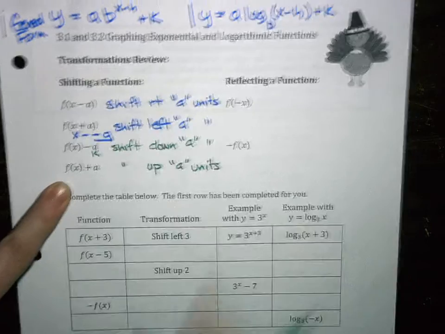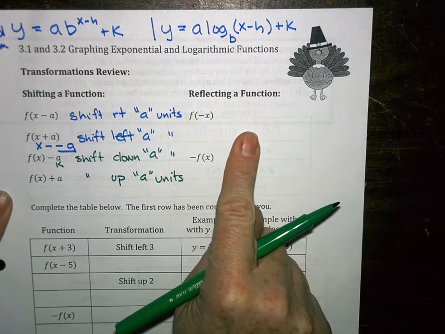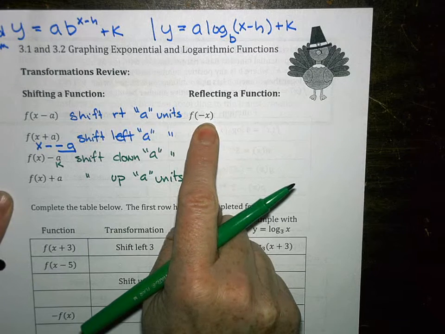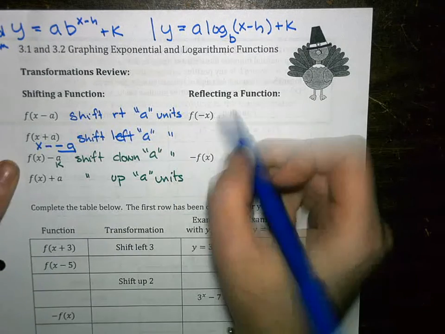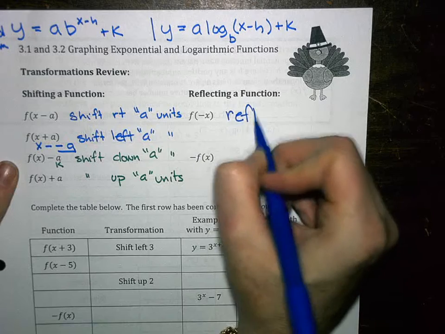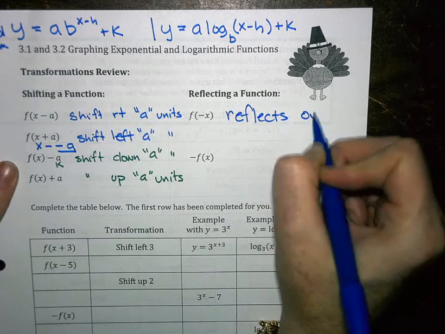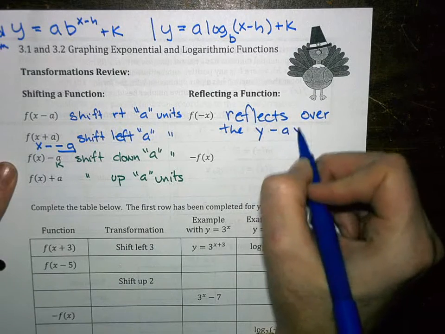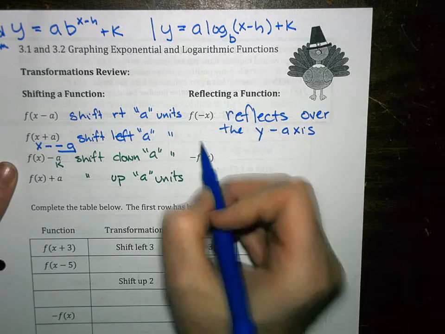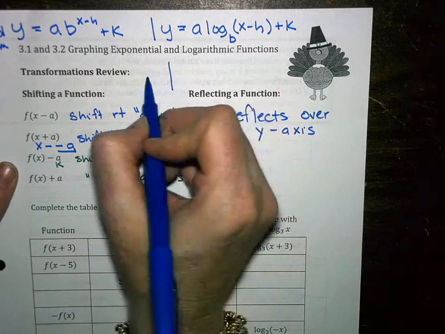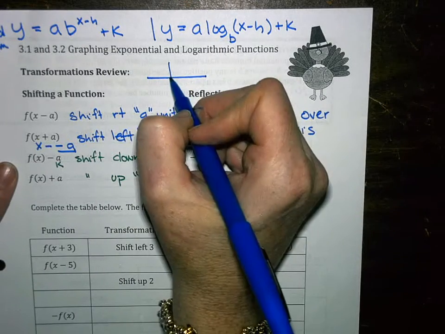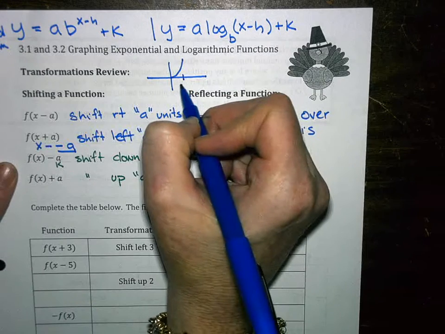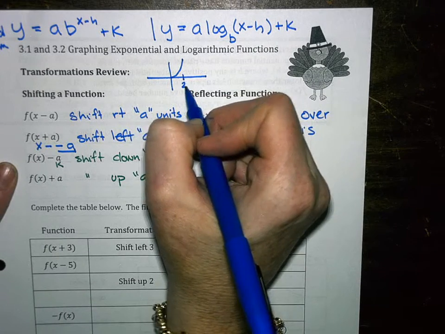Okay. Now, reflecting a function. If I input the negative of x, the graph reflects over the y-axis. Think of a little picture of a graph: here's the positive x, we'll call this just 2.